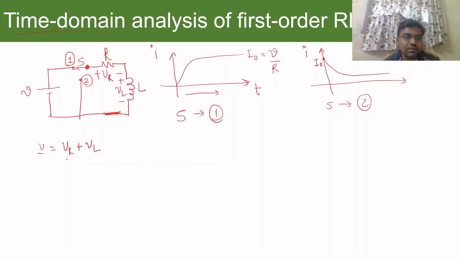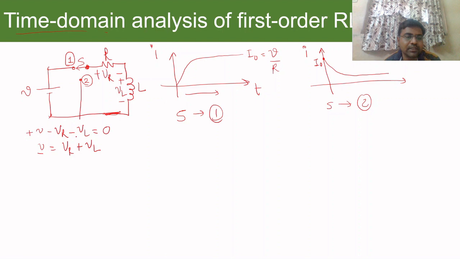If you have any confusion with this, you can just apply KVL here. If I am traveling from here to here, voltage is increasing, so this is plus V, and then from here to here, plus to minus, so voltage is reducing, and again here also voltage is reducing. So the algebraic sum of voltages in a loop is equal to 0.